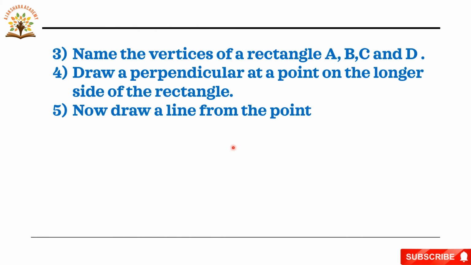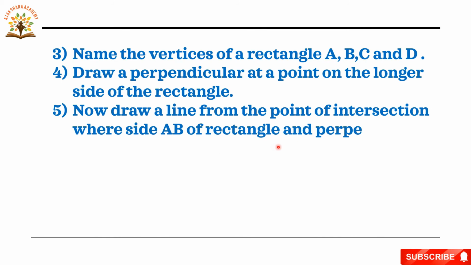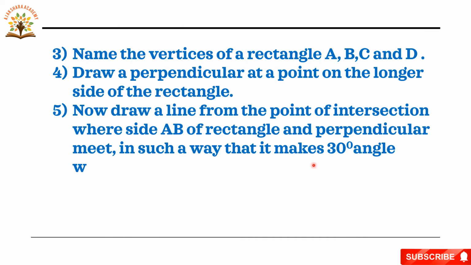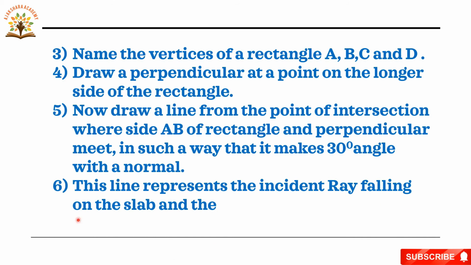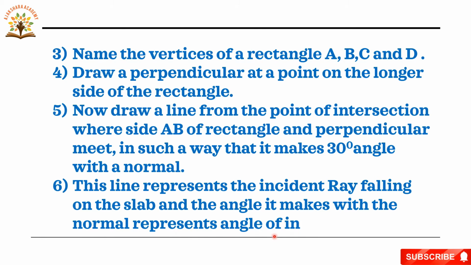Now draw a line from the point of intersection where side AB of the rectangle and the perpendicular meet, in such a way that it makes an angle of 30 degrees with the normal. This line represents the incident ray falling on the slab, and the angle it makes with the normal represents the angle of incidence.